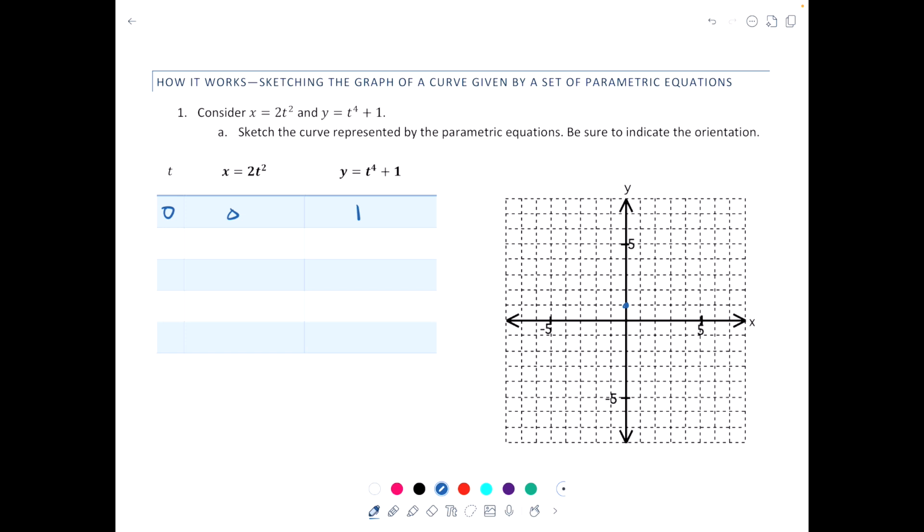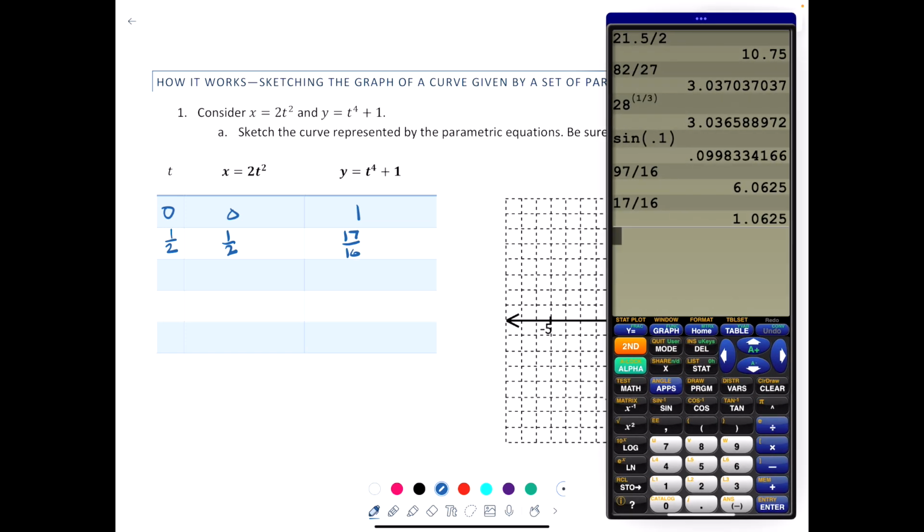Now, this is going to increase fairly rapidly, so I'm just going to increase by a half a unit till we get the feel for the graph. So when t is 1/2, we'll get 2 times a half squared, which is 2 times a quarter, which is 1/2 for x, and y will be 1/2 to the fourth, which is 1/16, plus 1, which will give us 17/16. 17/16 is 1.0625.